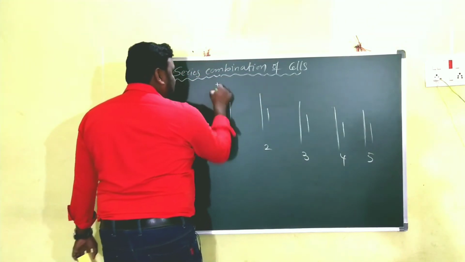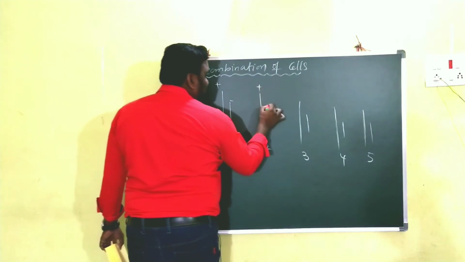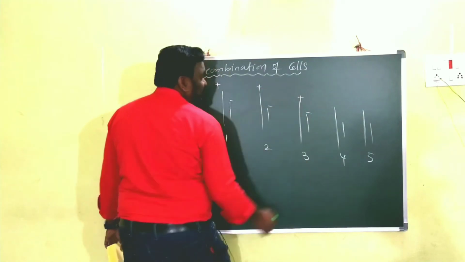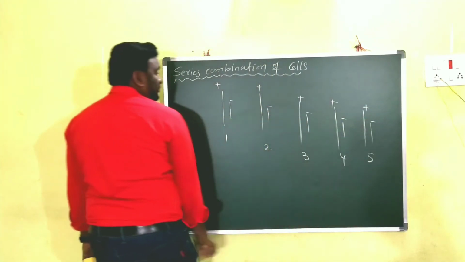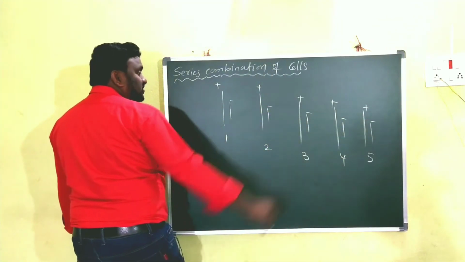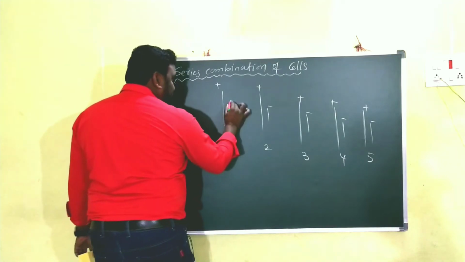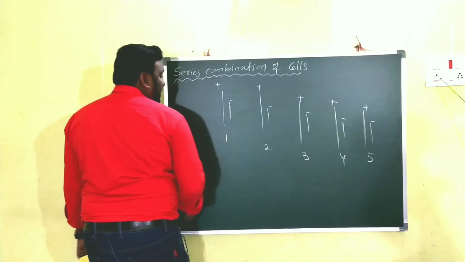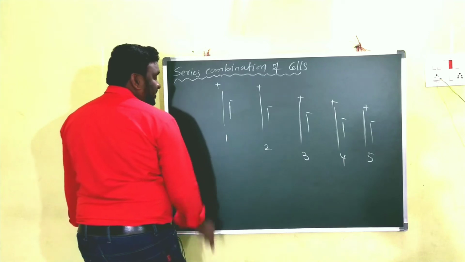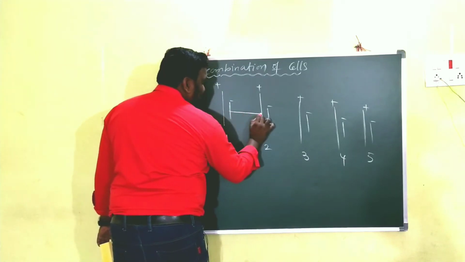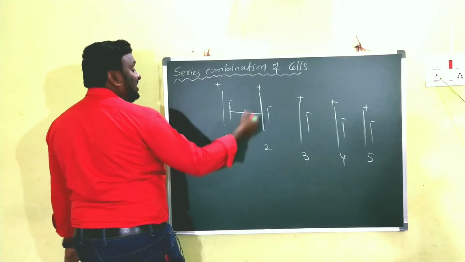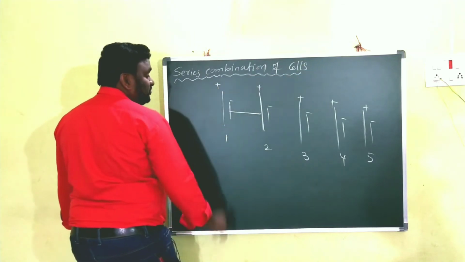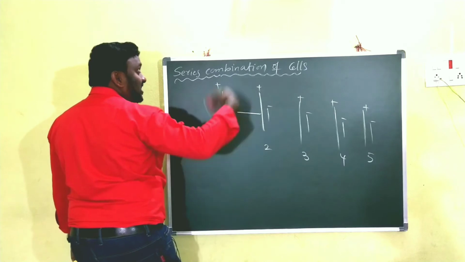So this is plus, minus, plus, minus, plus, minus, plus, minus, plus, minus. Just observe, children. The negative of the first cell should be given to the positive of the second cell. Clear? Simply we are connecting the negative terminal to the next positive.